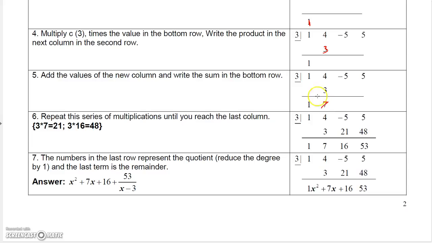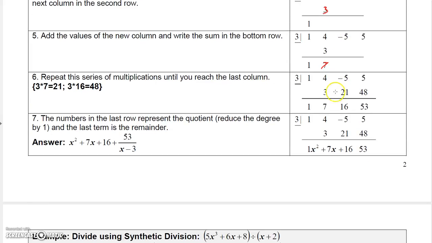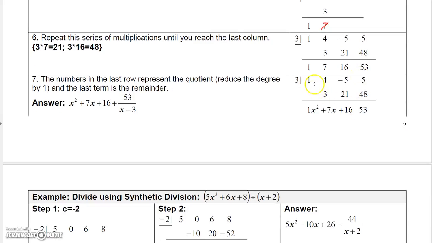Then we do it again. We multiply 3 times 7, and we get 21, and we put 21 under the next term. Then we add these terms together, and we get 16. Then we take 3 times 16, which is 48, put that there, and add these terms together, and we get 53. So now, the first 3 terms here are the quotient.